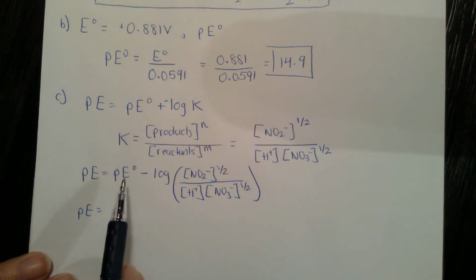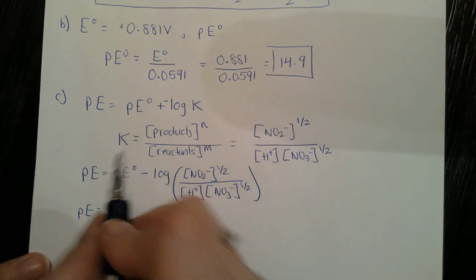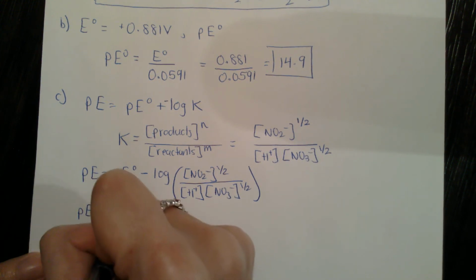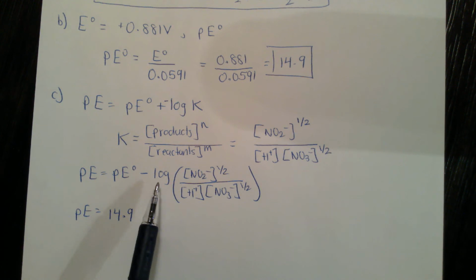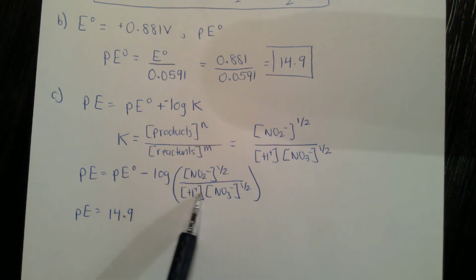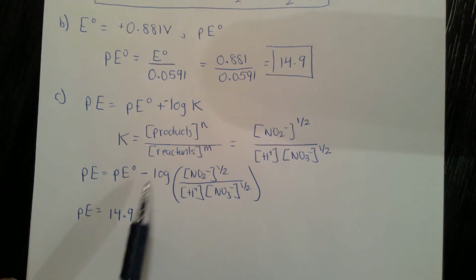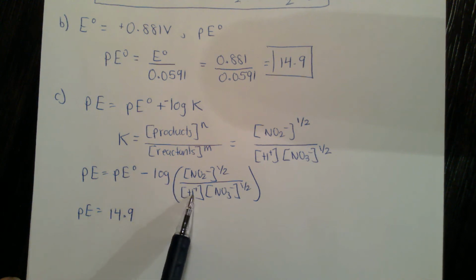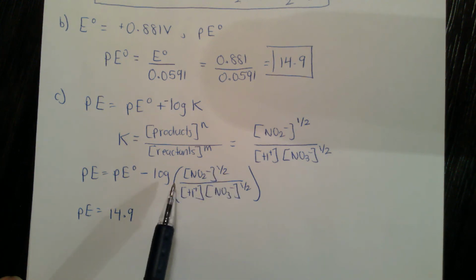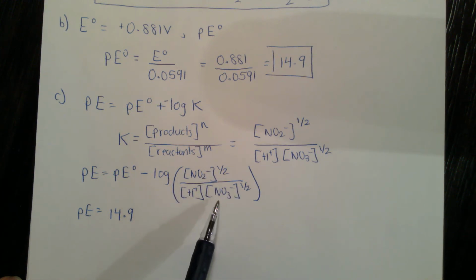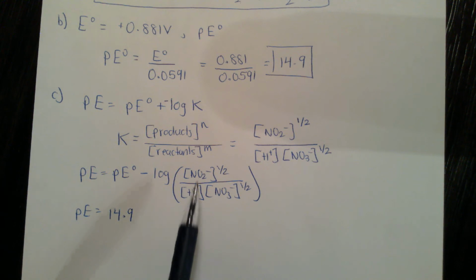Okay, so PE equals, I can substitute in my PE naught, which is my 14.9. And now I'm going to try to clean this up a little bit. So I'm going to kind of distribute my log here. I want to keep this stuff together because it has the same coefficient, and it's something that I'm solving for in this equation.